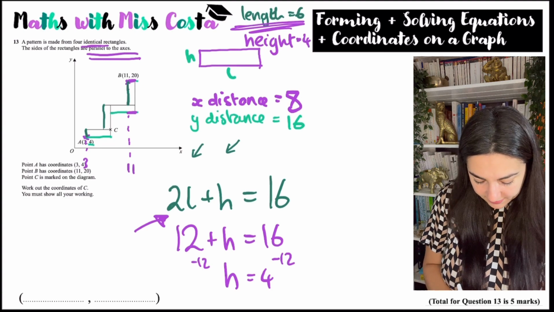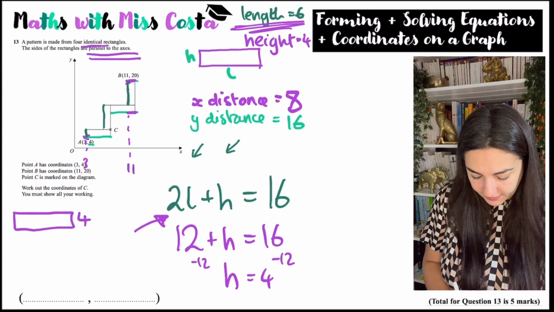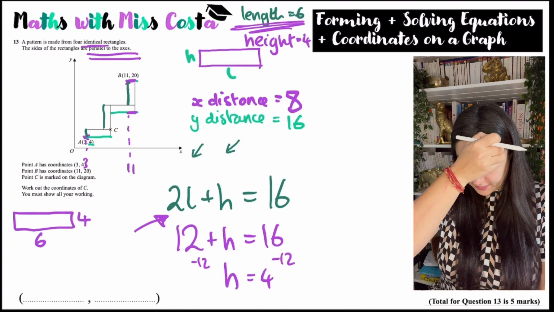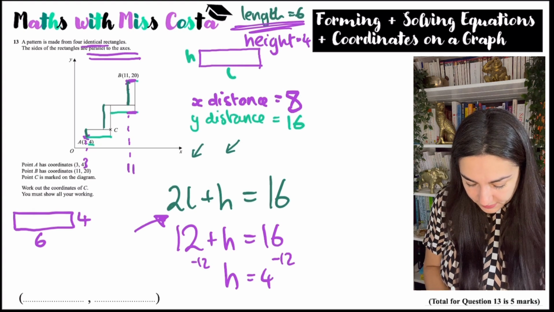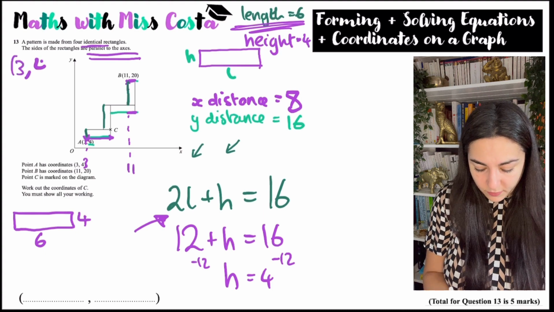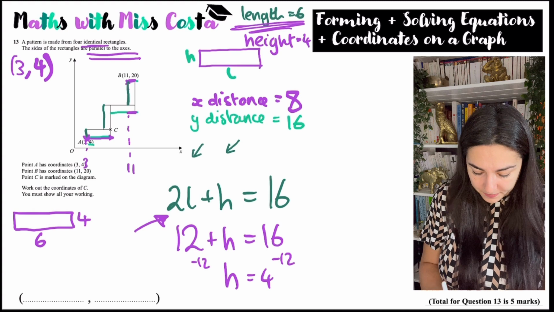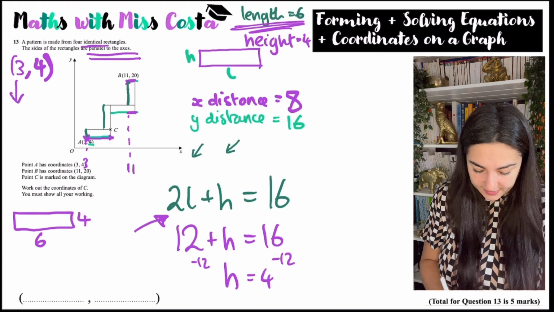So here's my little rectangle. 4 and 6. And I need to work out the coordinates of point C. Well, the coordinates of point C, so we start from 3, 4, that's x and y. I am going along the x-axis 6.